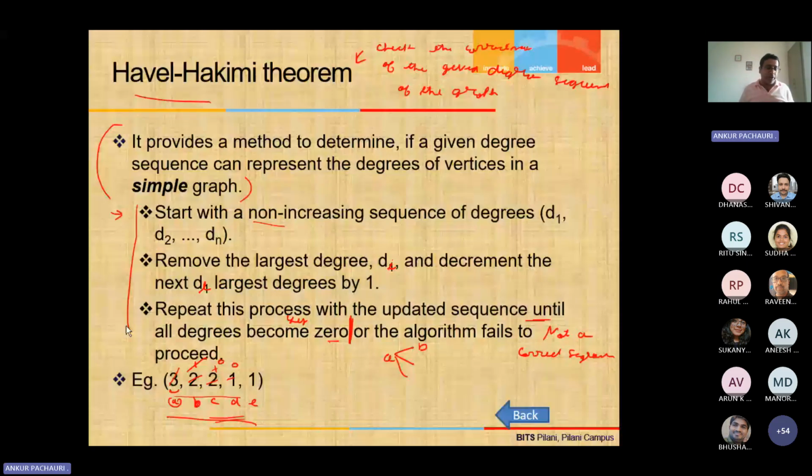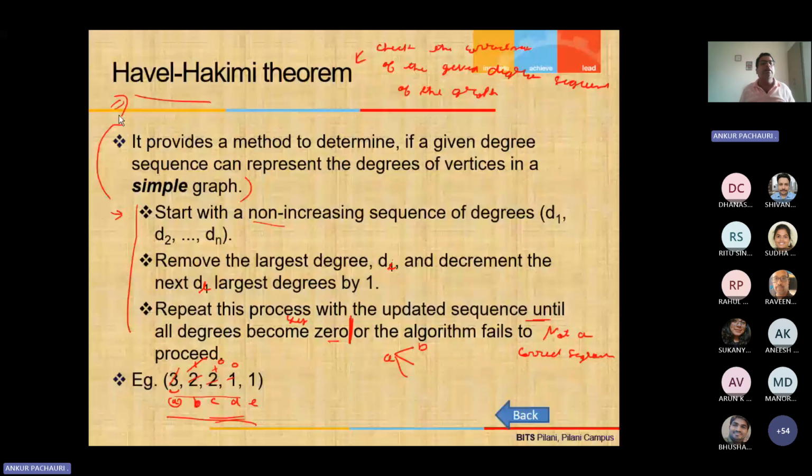If I have to deal with millions of nodes and edges, then I need a simple method to check the correctness of that graph. Otherwise, if I execute the algorithm and at the end come to know that it is not a correct graph, all my effort will go in vain.